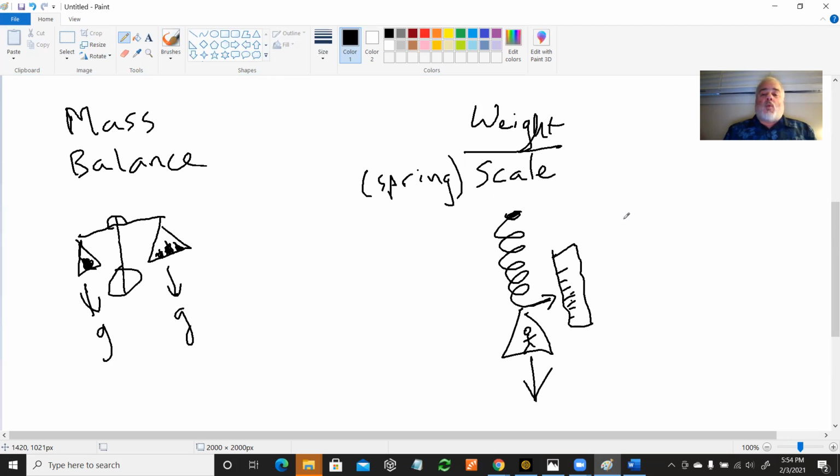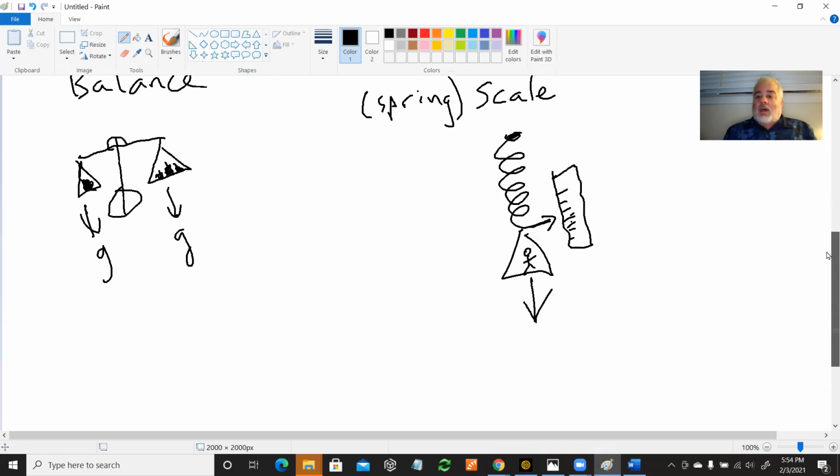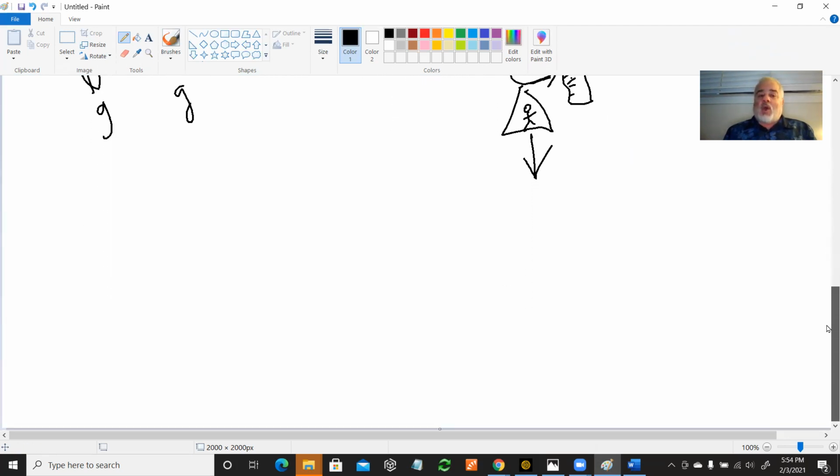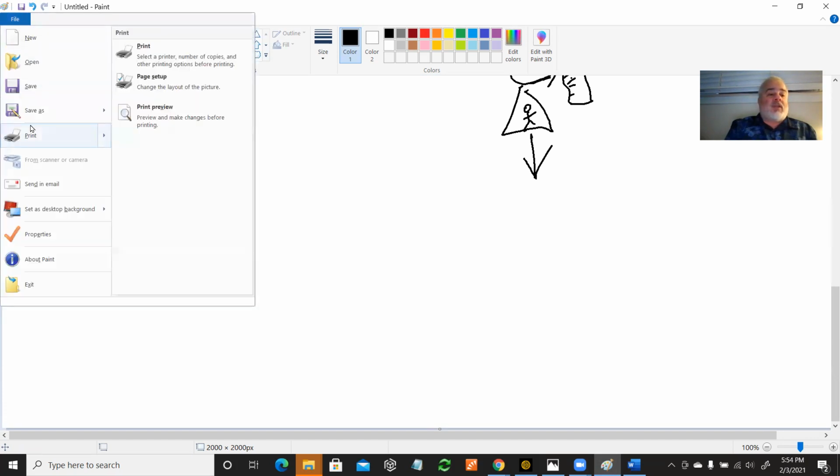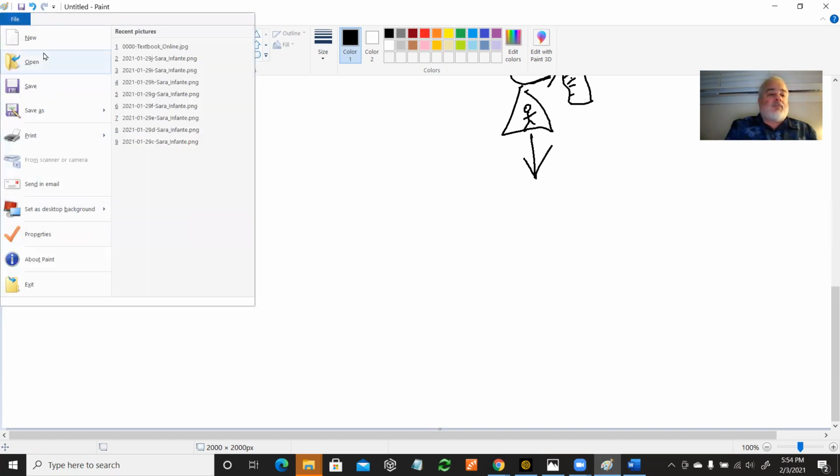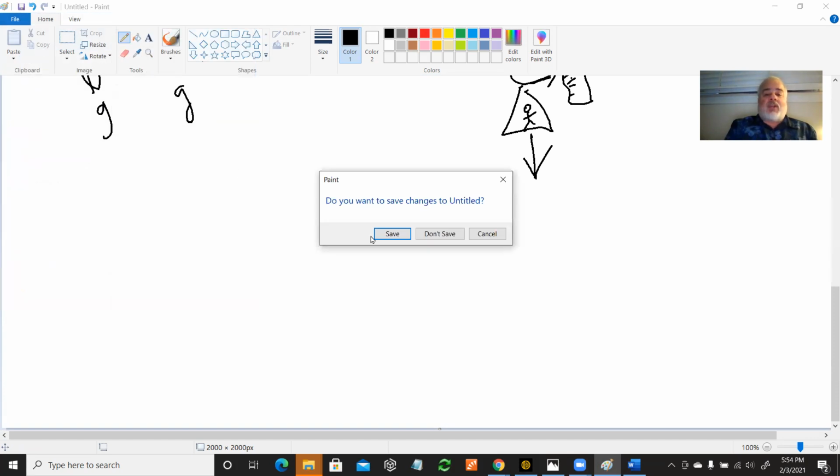And so that's why weight and mass are different, and why you cannot have conversions between weight and mass unless you make the assumption that we're talking here on Earth, relatively close to sea level. And in agriculture, that's a pretty darn good assumption, right?